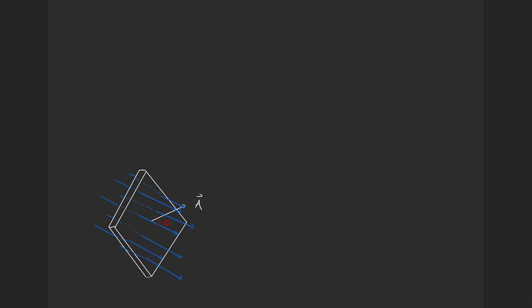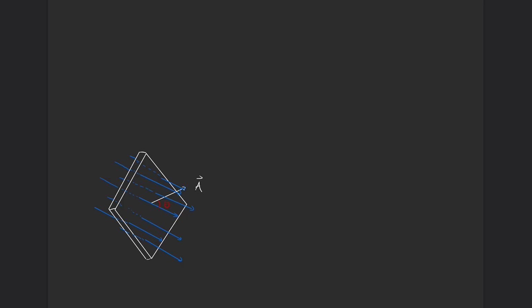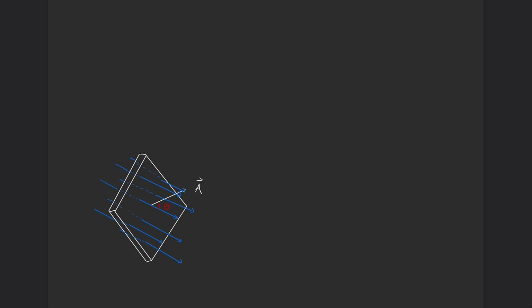However, if we look at this example where the electric field actually makes an angle of theta with the normal vector, then our calculation would be different, where the electric flux again is E dot A, but this gives us EA cosine theta, or En times A, where En is E dot the normal vector, which is the component of E that is perpendicular to the surface.